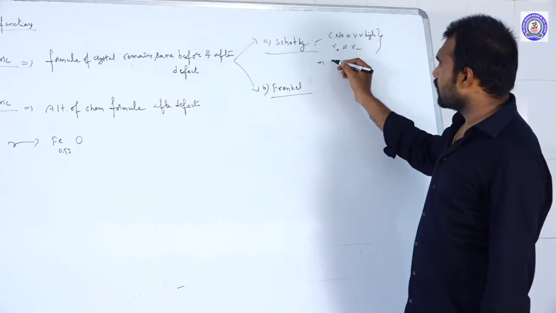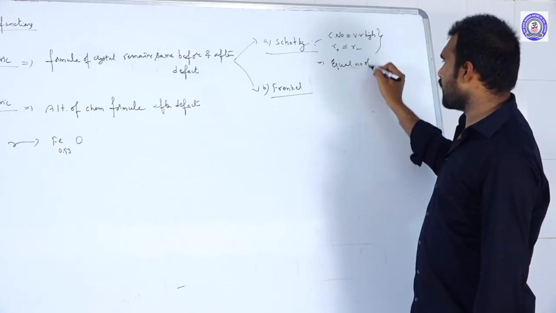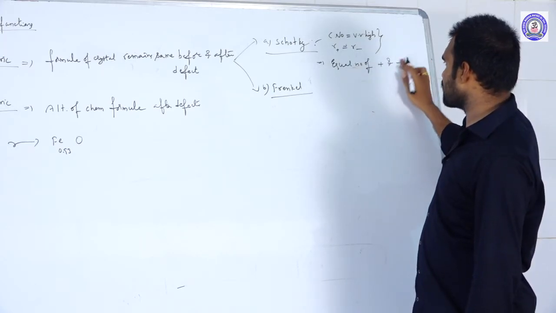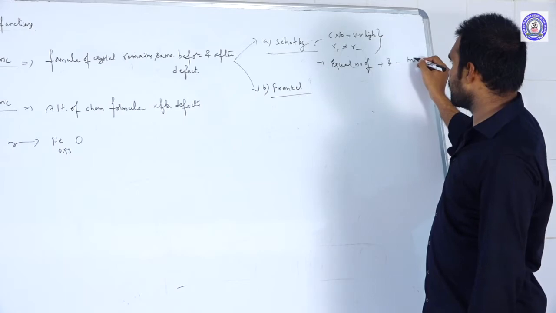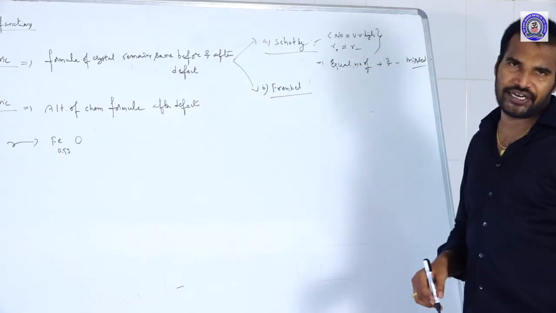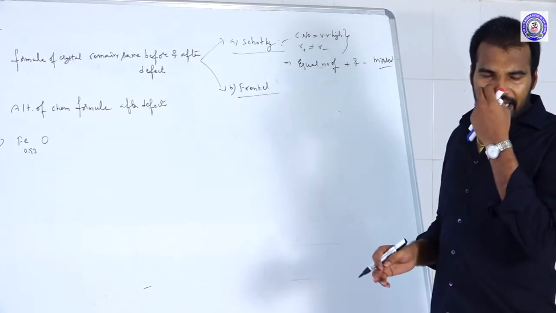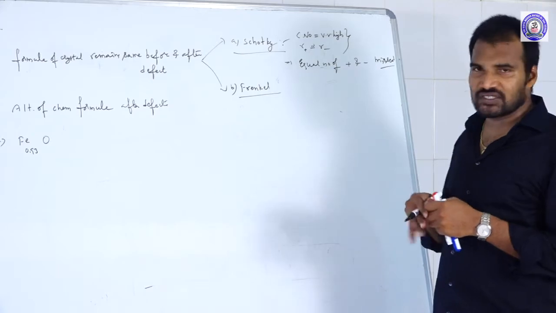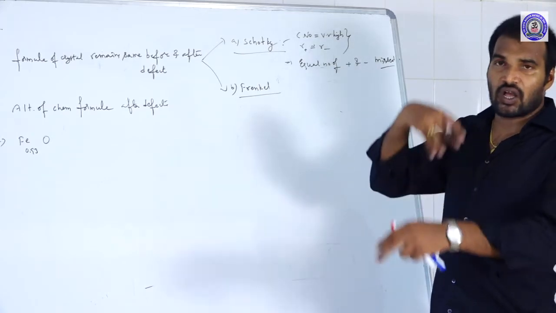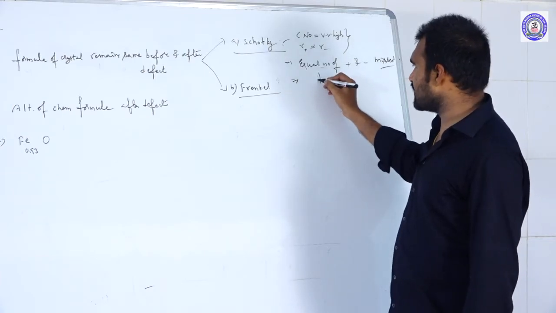Because an equal number of cations and anions are missing, the density of the crystal after the defects decreases.